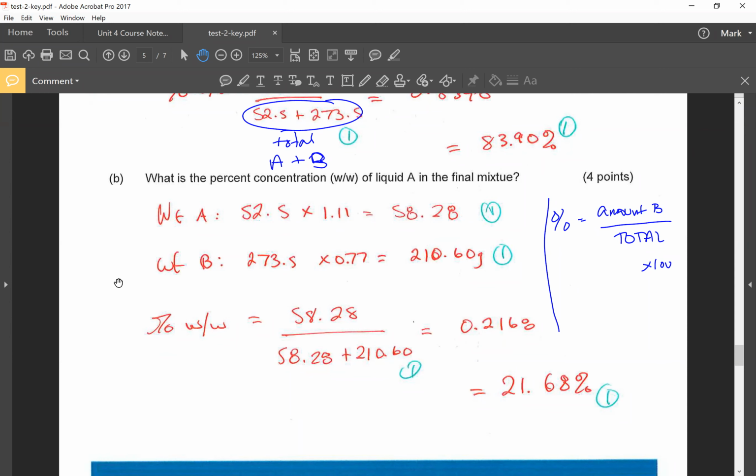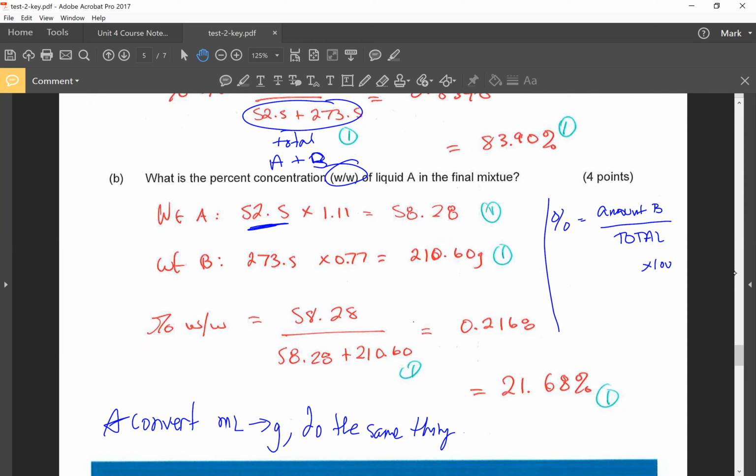So what you needed to do for B, it's the same thing, but we need to convert, I'm writing on the bottom here, we need to convert the milliliters to grams, then do the same thing. Okay, so how do we convert milliliters to grams? We use our formula from our data sheet. It's the amount of the liquid as if it was water.